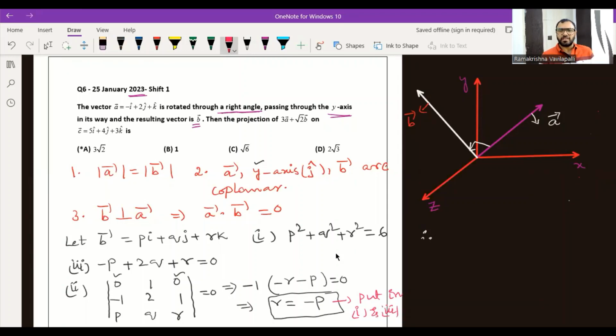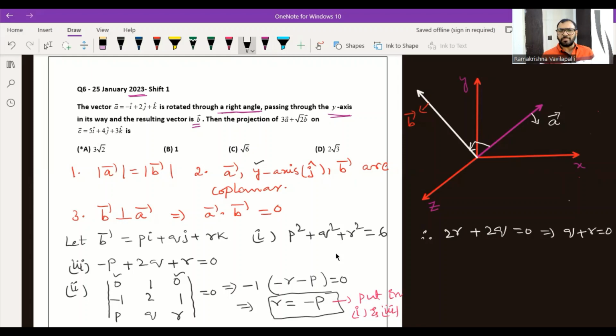Put R equal to minus P here. R plus R, 2R. So 2R plus 2Q equal to 0, which implies Q plus R equals 0.